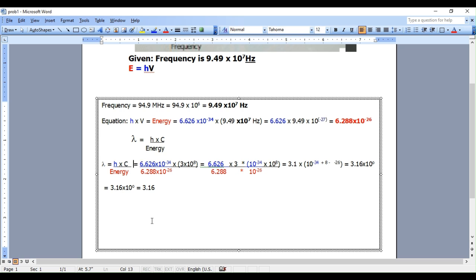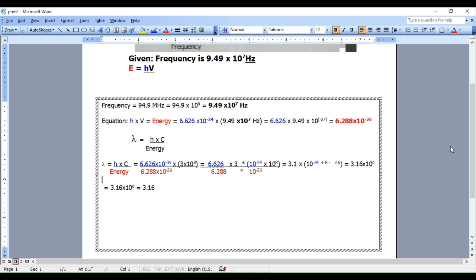So what is it? So h times c over the energy. H is 6.626 times 10 to the minus 34. C is the speed of light, 3 times 10 to the 8th. And then underneath I have divided by the energy, which from the previous part is 6.288 times 10 to the minus 26. Some of you may want to leave it at 628 point, but just put everything in scientific notation.